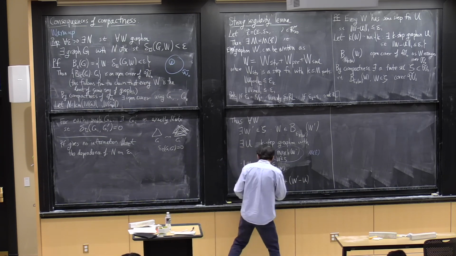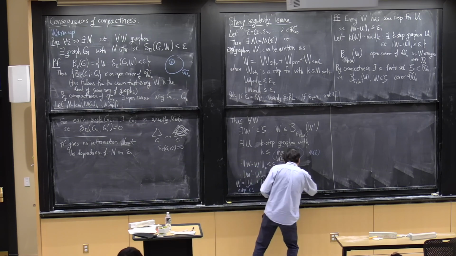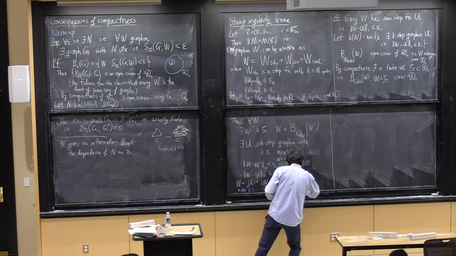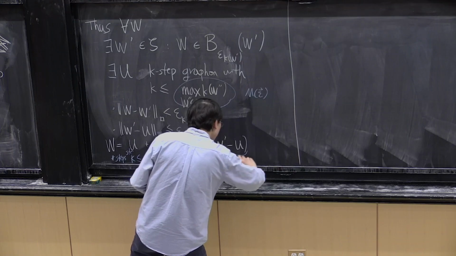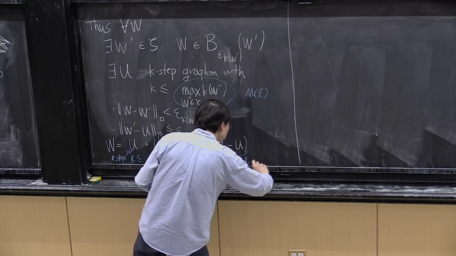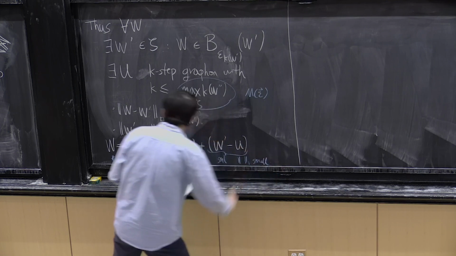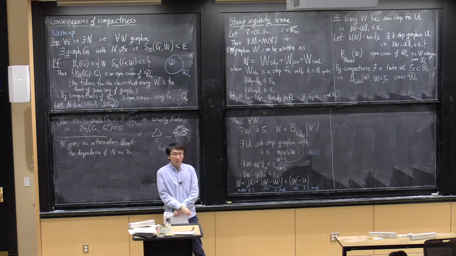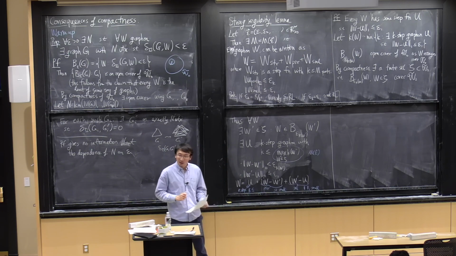And finally, the third term is the small term because its L1 norm is small. Putting them together, we get the regularity lemma.